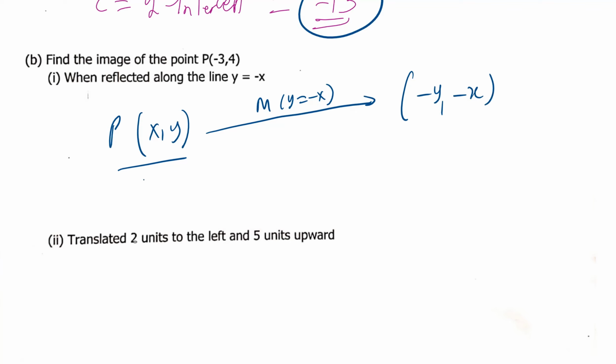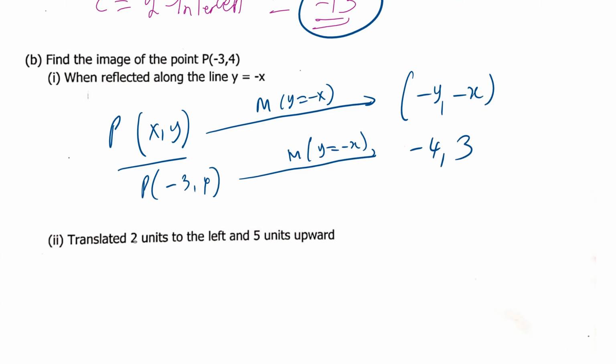So it means P (negative 3, 4) will be reflected in the line y equals negative x, and the image will be (negative 4, 3). So that is the image.